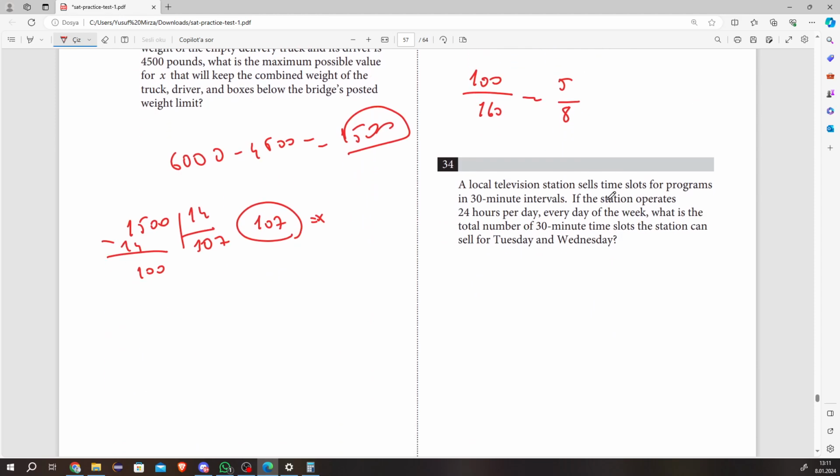A local television station operates every day of the week and can sell a number of slots every day.